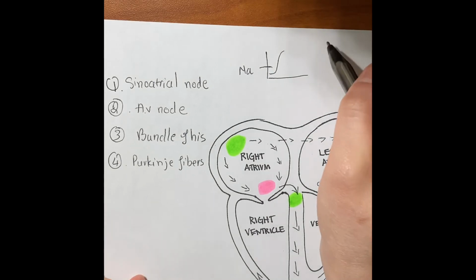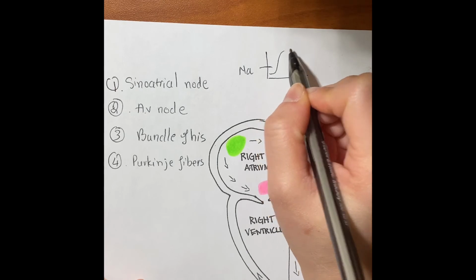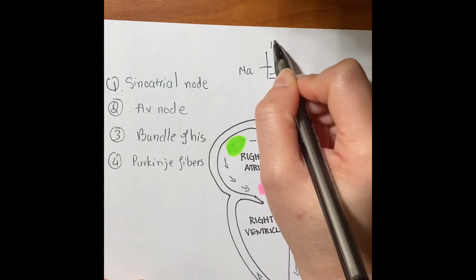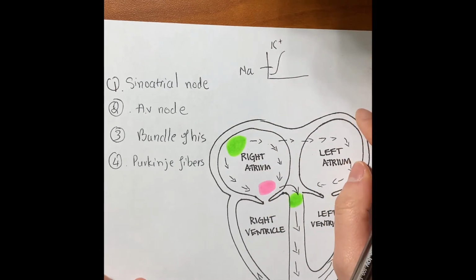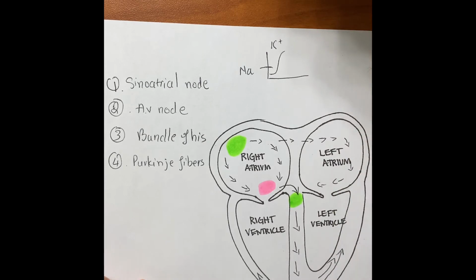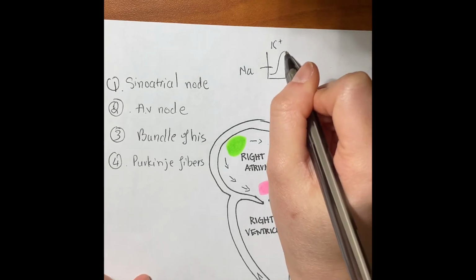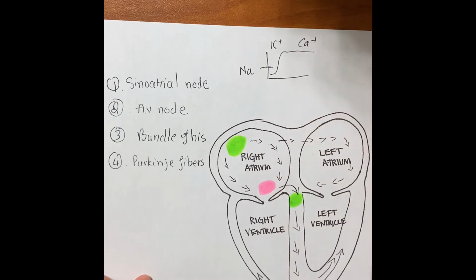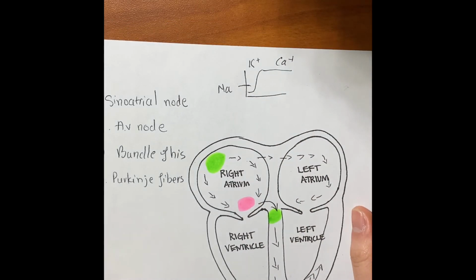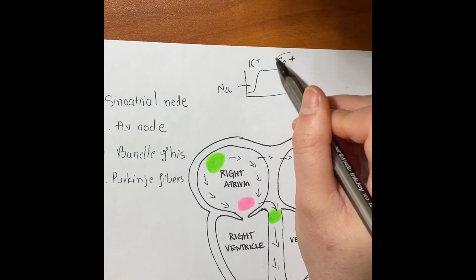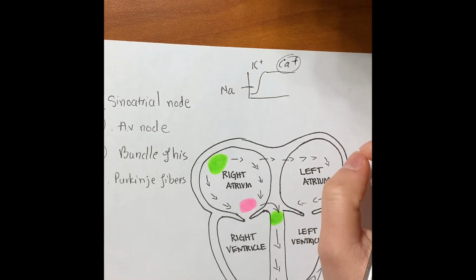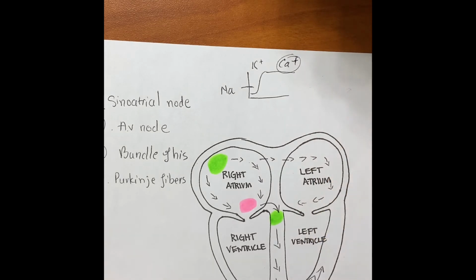When they reach the threshold, the potassium channel will open and then potassium will start to rush out, but then the calcium channel will also open. And the calcium channels opening will cause the sodium channel to turn off. Therefore, it can elongate the depolarization period by adding the calcium channel.